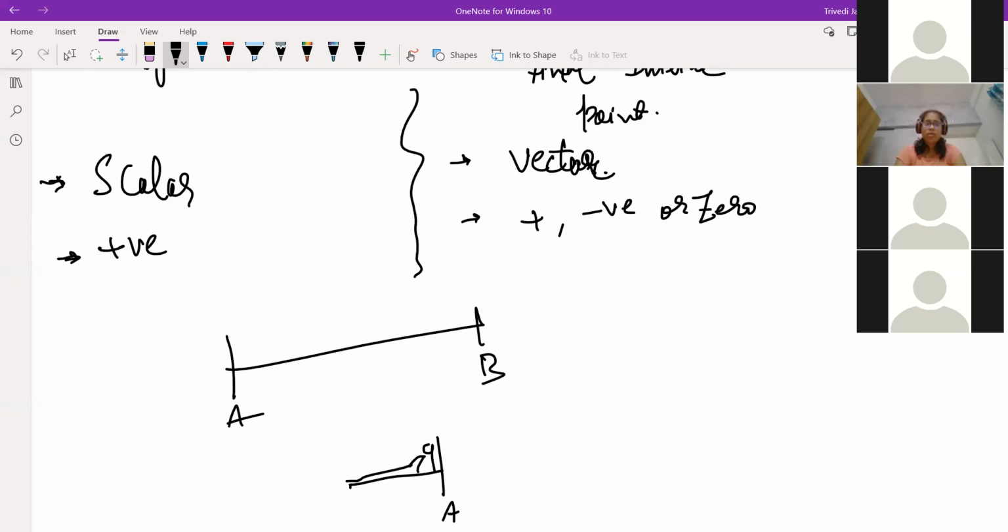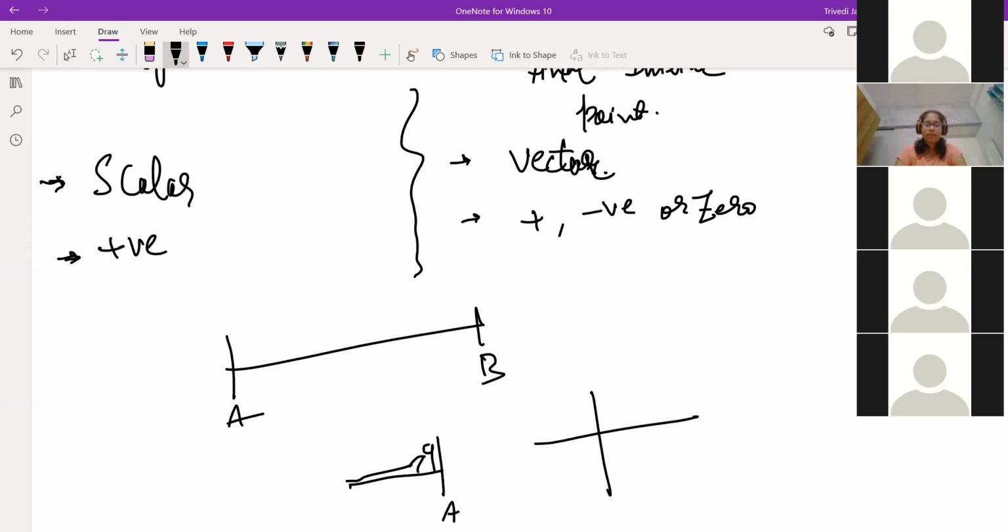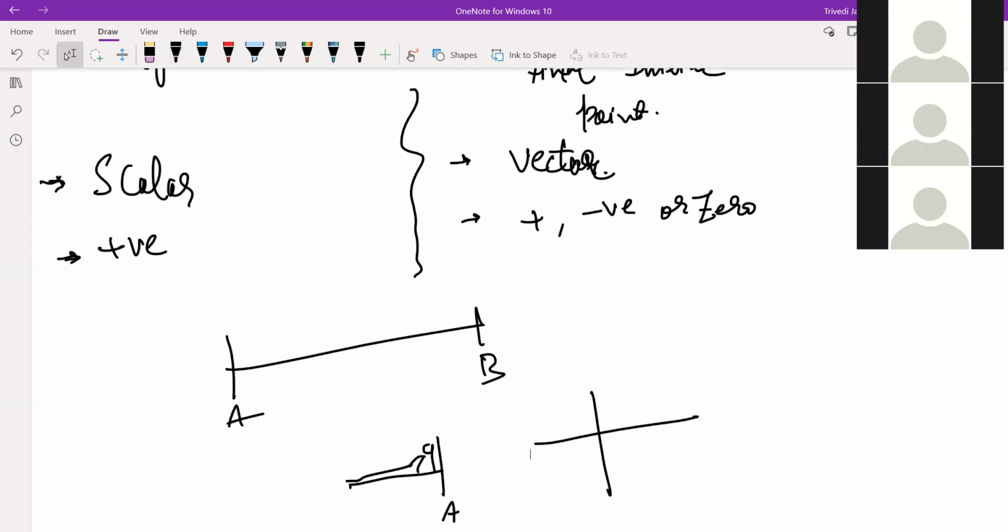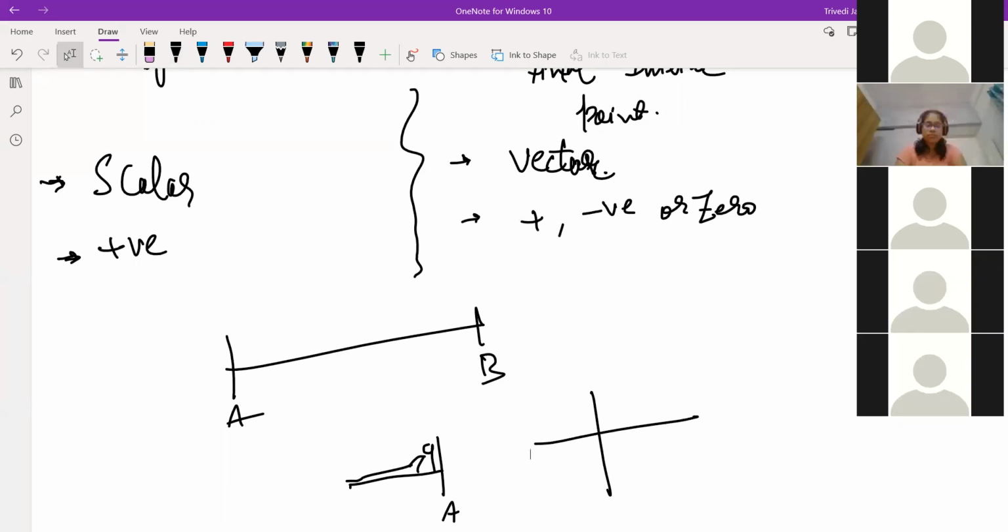According to graphs, the left side is considered negative and the right side is considered positive. Right side and up. Honestly, zero will be the initial point.